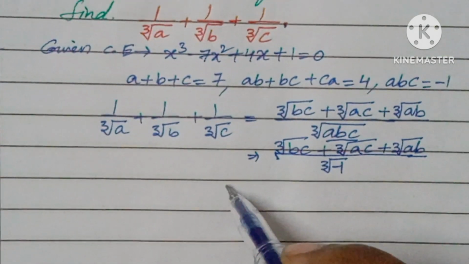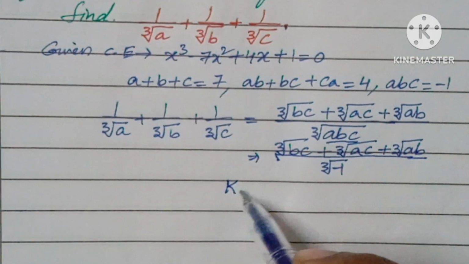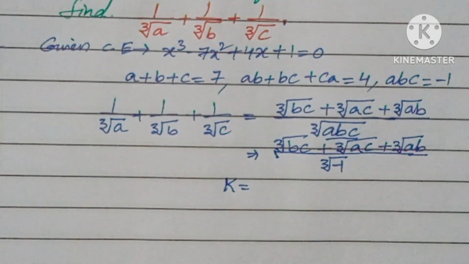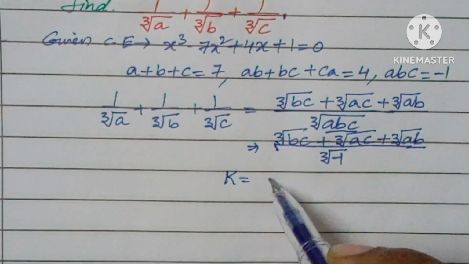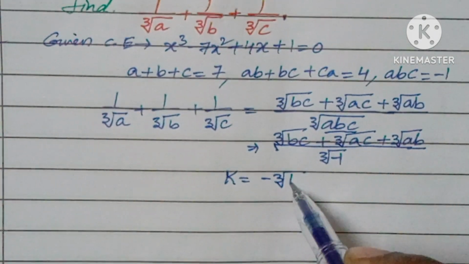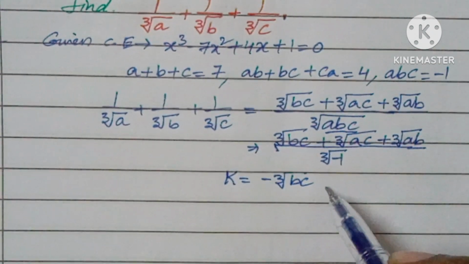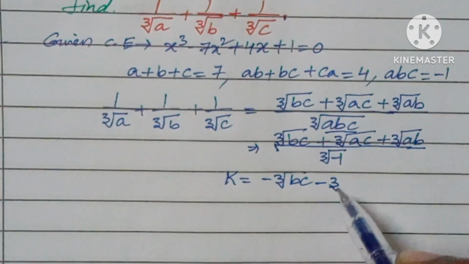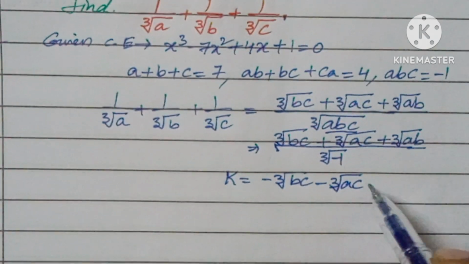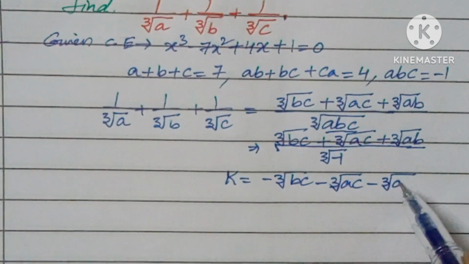Let us take this value is equal to K. K is equal to minus cube root of BC minus cube root of AC minus cube root of AB.